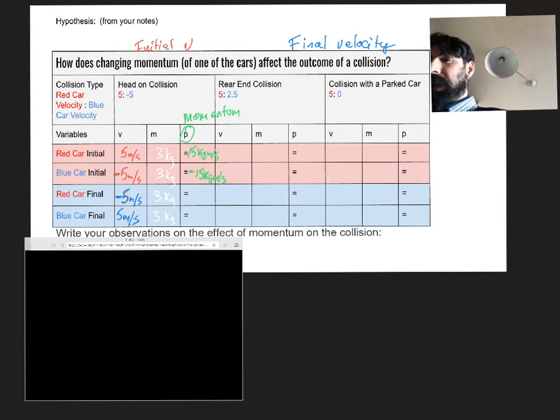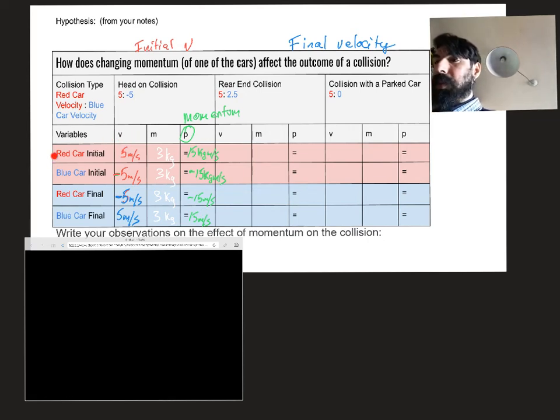Negative 5 times 3 gives me negative 15 kilogram meters per second. And 5 times 3 gives me positive 15 kilogram meters per second. And again, we notice that negative 15 plus positive 15, that total momentum, is 0.